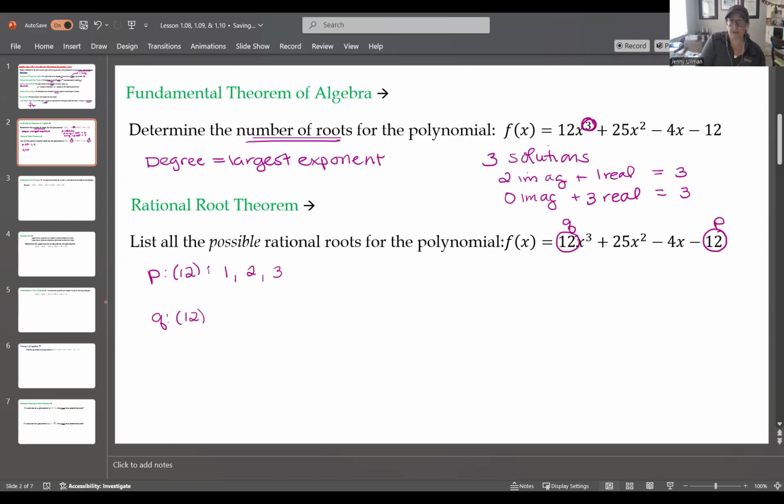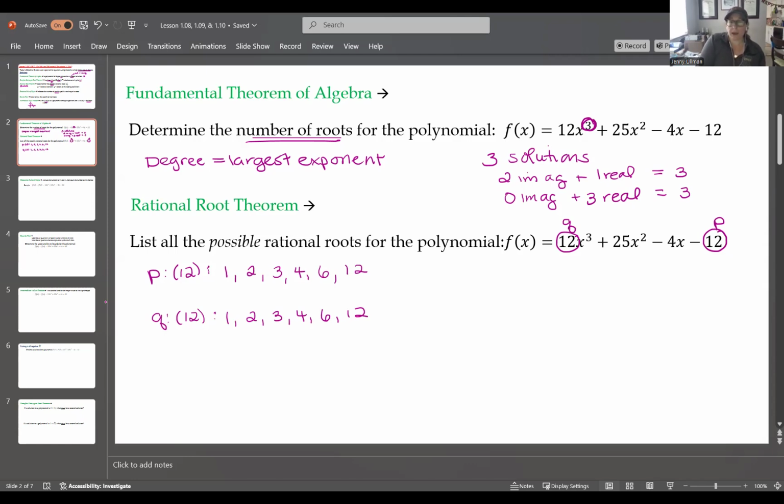I can divide it by 3, 4, 5 would give me a decimal, so not a factor. 6 works, no 7, no 8, no 9, 10, 11, and then 12. And then same thing here. This would be 1, 2, 3, 4, 6, and 12. So these are all of the factors.